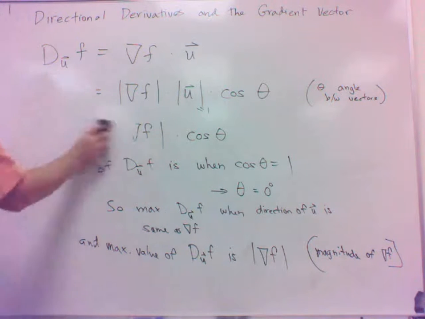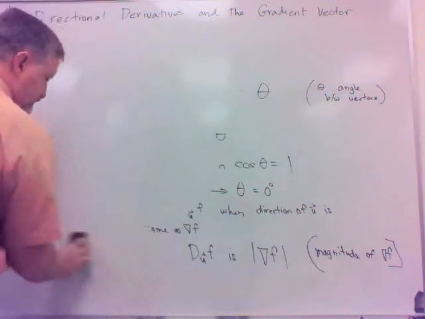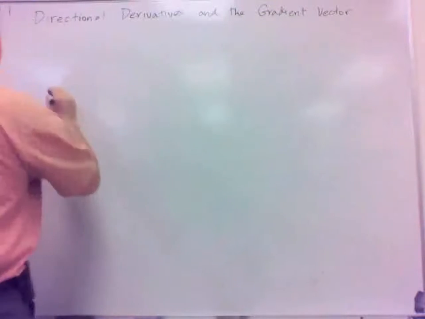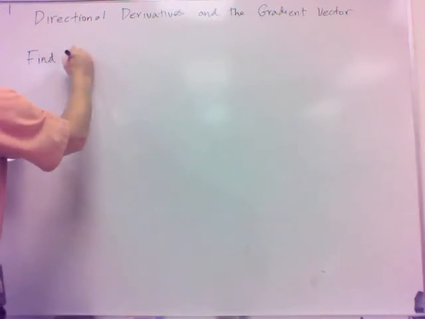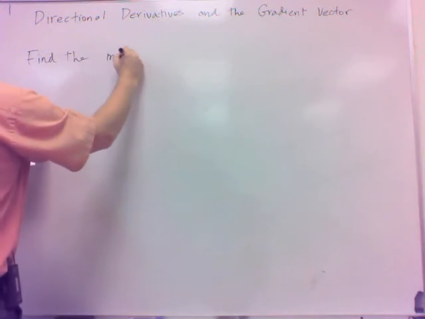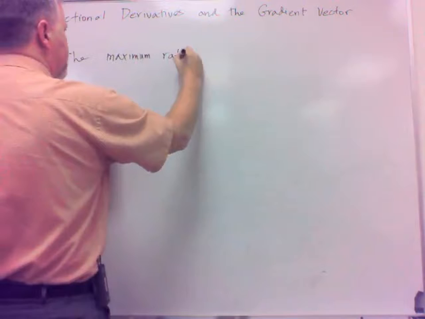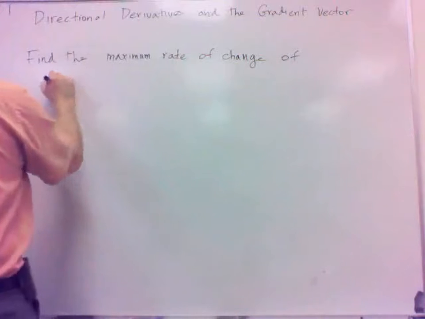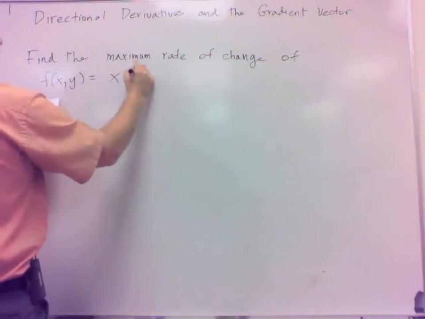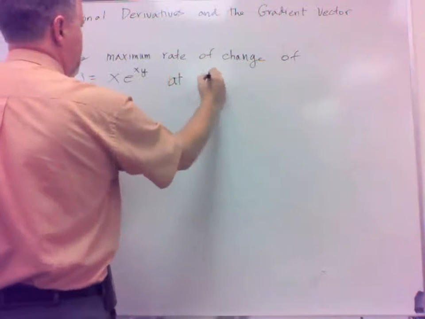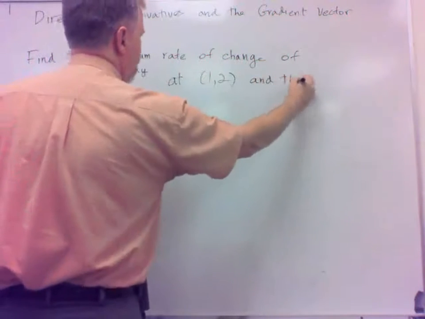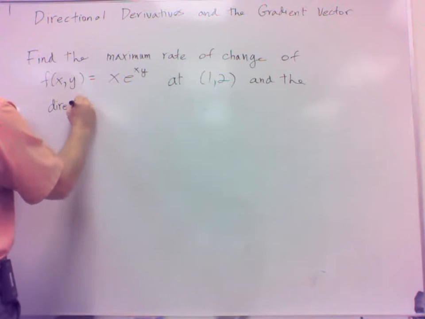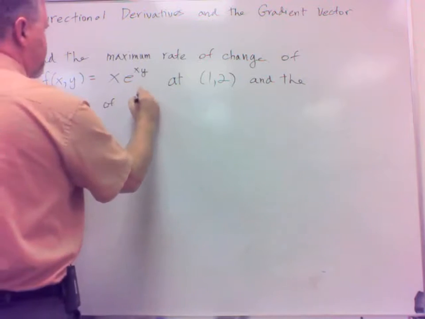So, with that in mind, let's see. Find the maximum rate of change of f of x, y equals x e to the xy at (1, 2), and the direction of the maximum rate of change.